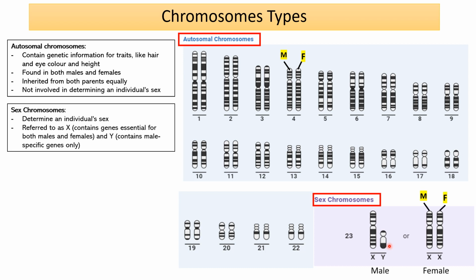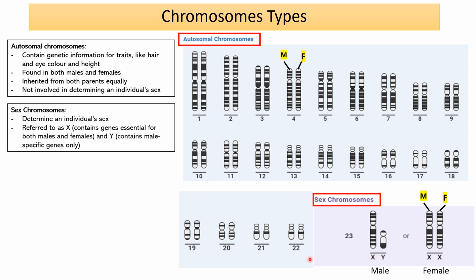When we look at the pairs here, which is also similar to autosomal chromosomes, they are found in pairs, and each pair contains two chromosomes, one from the mother and one from the father. And since the Y chromosome only contains male-specific genes, a male individual would have X and Y, and a female individual would have X and X.